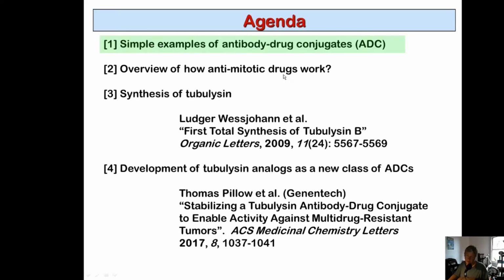And so we need to review, not all the details of mitosis, but how some of these drugs work, like Taxol and vinblastine, to prevent mitosis, and that's a common target for anti-cancer drugs.